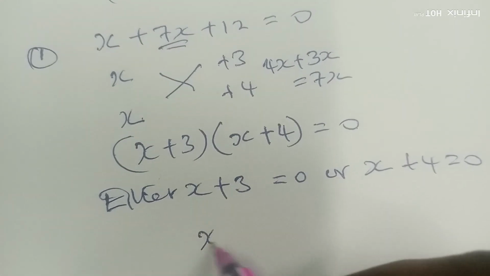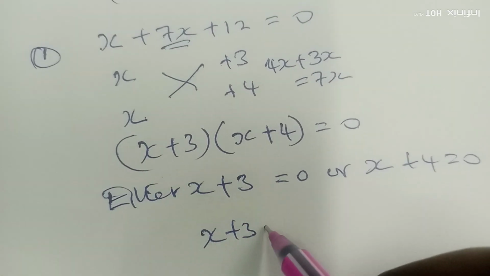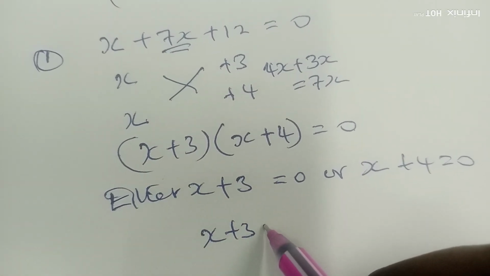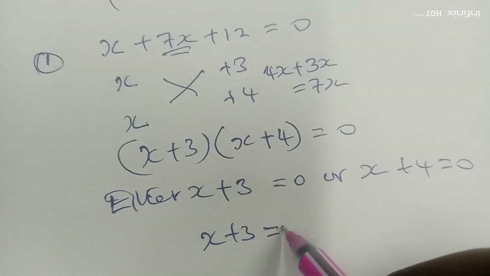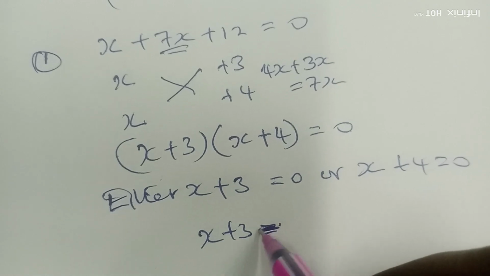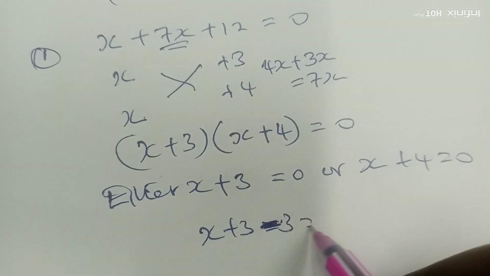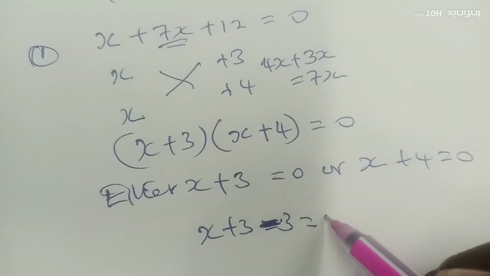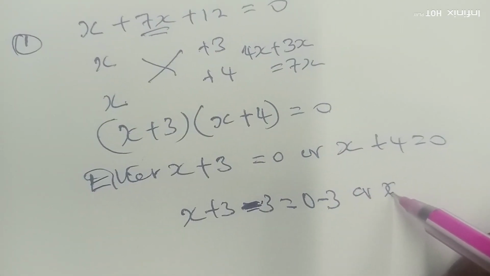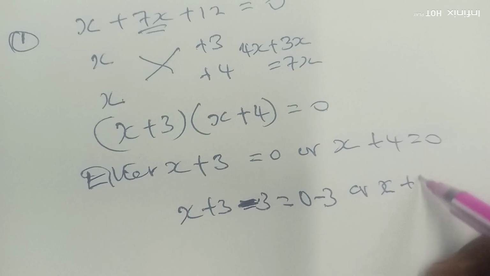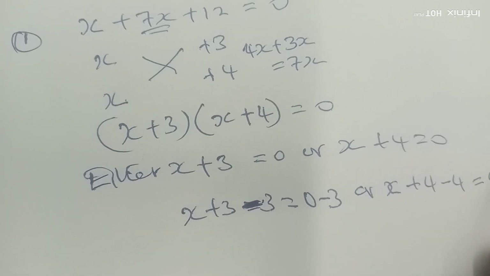So here we have x plus 3 minus 3 is equal to 0 minus 3, or x plus 4 minus 4 is equal to 0 minus 4.